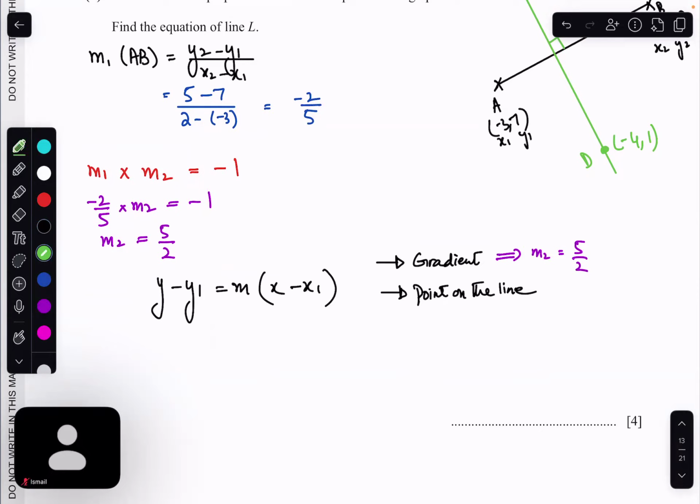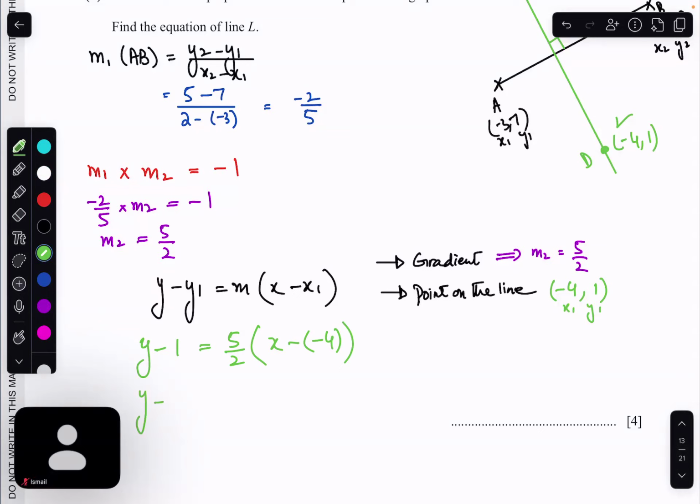And we have the point on the line, which is that point D. And I'll consider this x1, y1. So I'm just going to replace it. Y minus y1 equals m, the gradient of line L, times x minus x1. Okay.